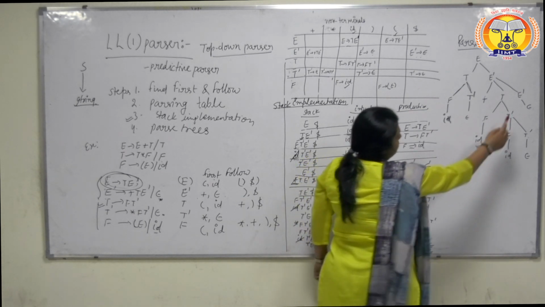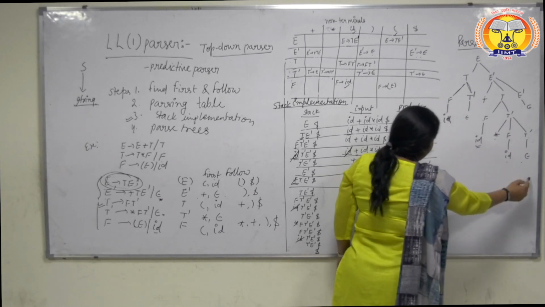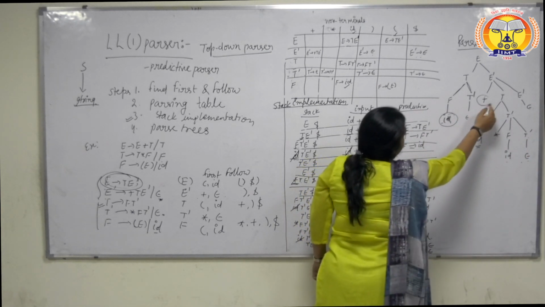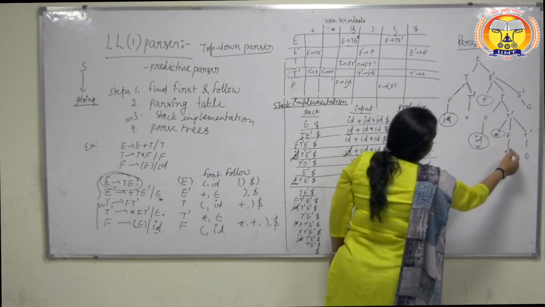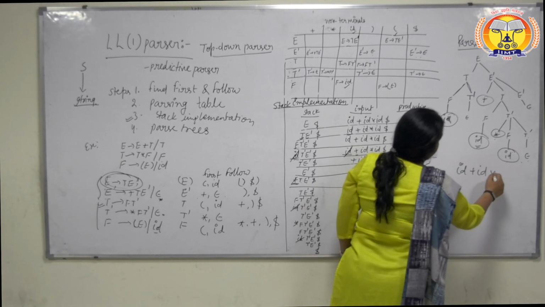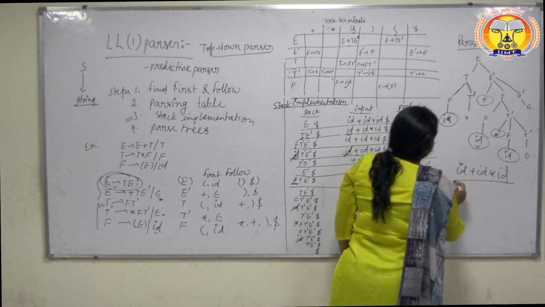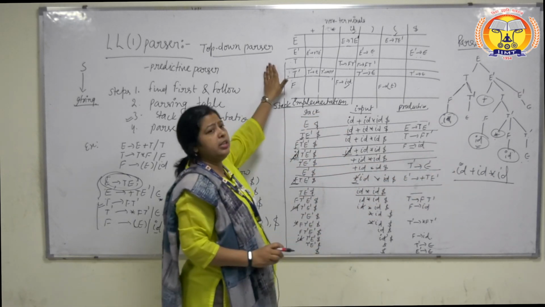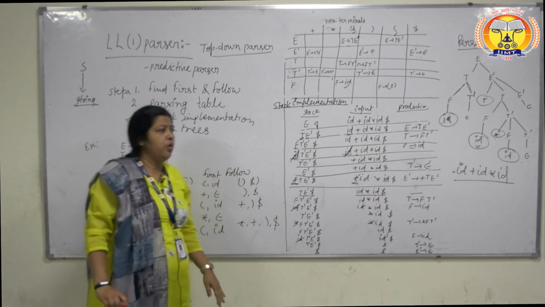T dash tends to epsilon and E dash tends to epsilon. You can see we get the string ID plus ID asterisk ID. So the input string is accepted by this LL1 parser. Okay, thank you.